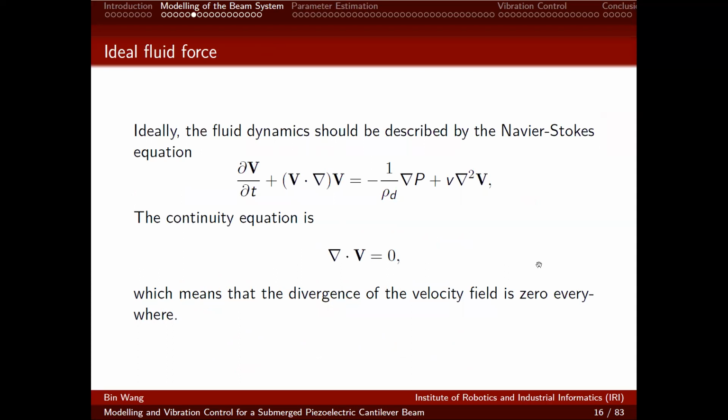After we had the beam model, we investigated the fluid dynamics. Ideally, the fluid dynamics should be described by the Navier-Stokes equation and the continuity equation. The continuity equation means the divergence of the velocity field is zero everywhere.